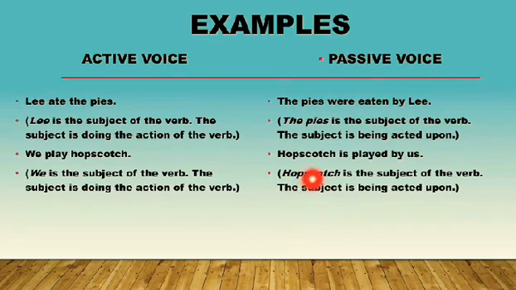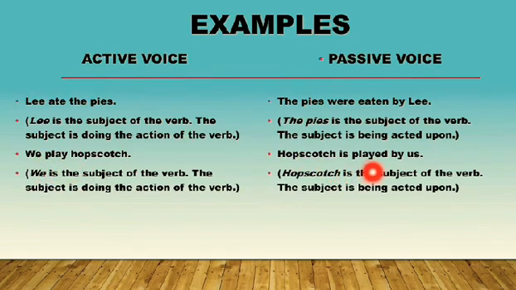Hopscotch has come here in the place of the subject. Then, according to the subject, because right now hopscotch is our subject, it is a singular noun. It is a single game, the name of a single game. So hopscotch is. We will be putting the auxiliary is, because our sentence is in the present tense.